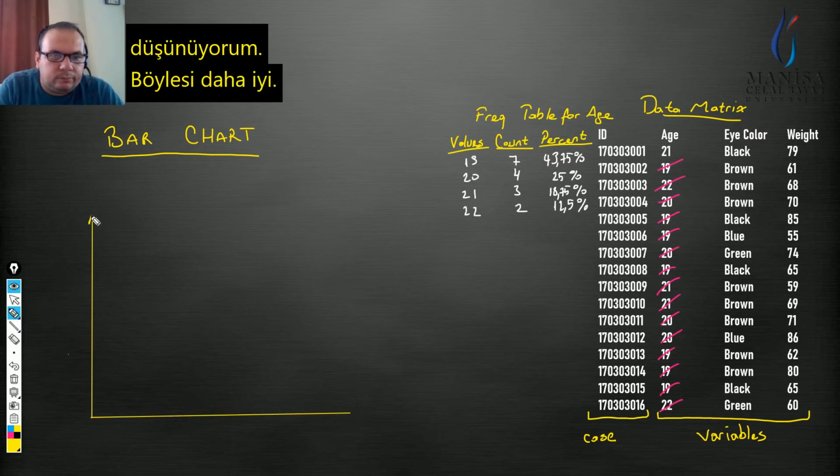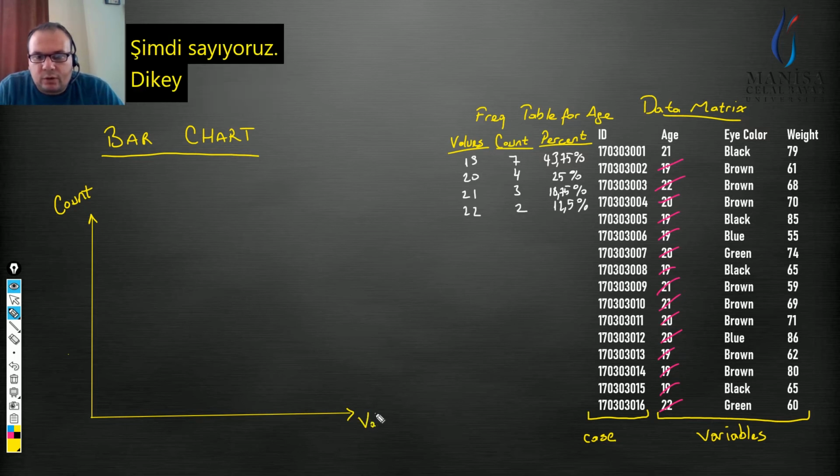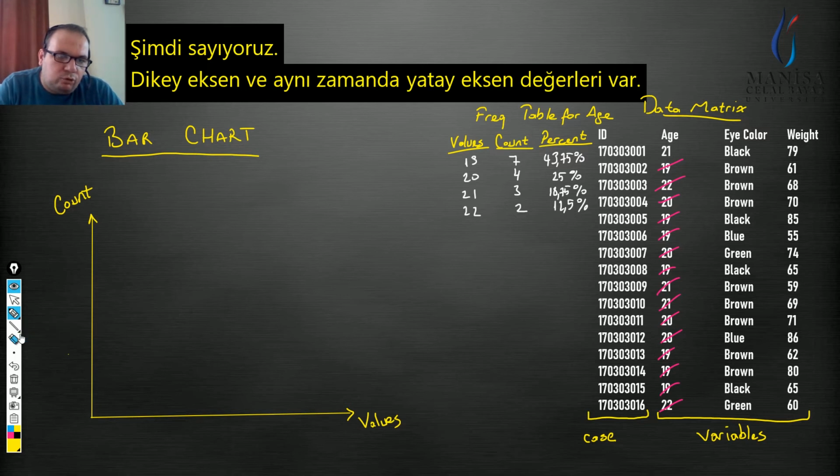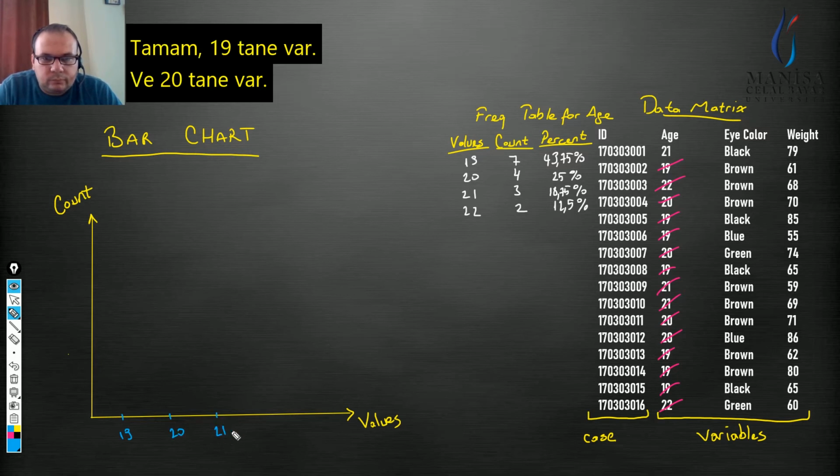It's way better. Now we have count in the vertical axis, and also we have values in the horizontal axis. Which values do we have? We have 19, 20, 21, and also 22.